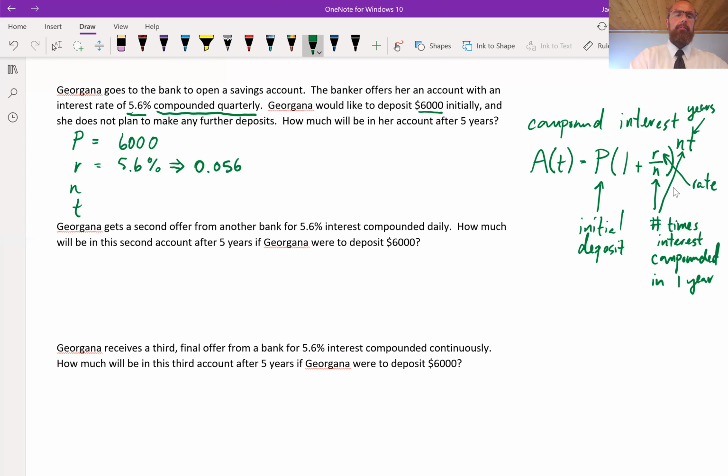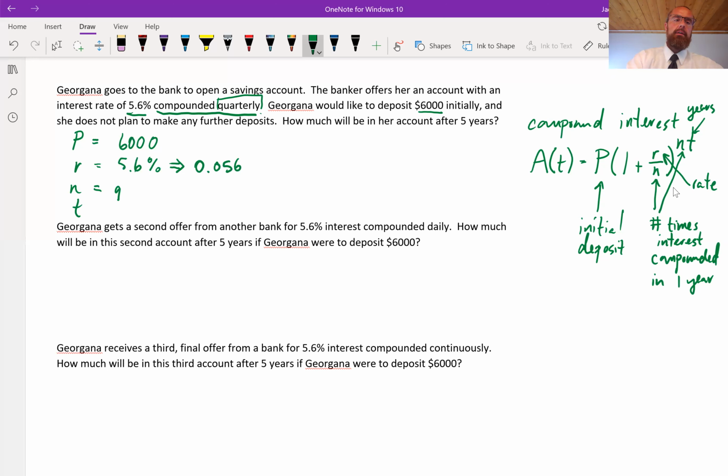Now our n value is usually the word that follows the word compounded. So for us, that's this quarterly. And we just have to ask ourselves, how many times in a year would I compound the interest if I was doing it by quarters?